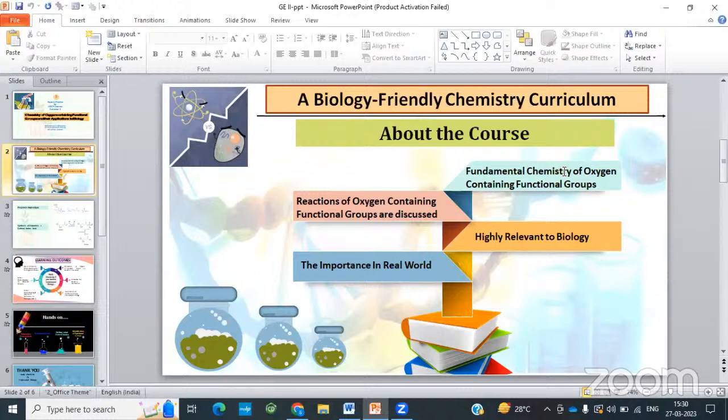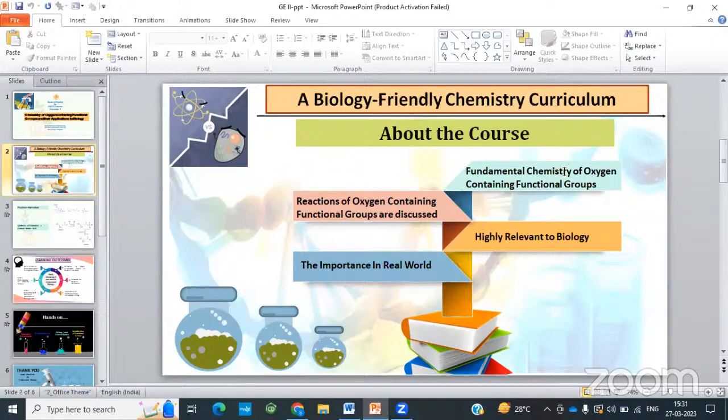So we will be studying the basic simple chemical reactions of functional groups like alcohols, phenols, aldehydes, ketones, carboxylic acids. They have some basic reactions, and in this GE course, we will be studying these simple basic reactions so that in future we can extrapolate them to make them relevant to the biological processes.